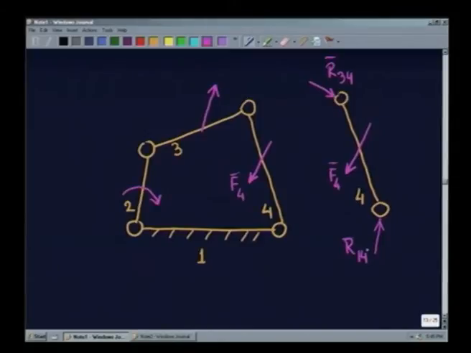Then the combined action of this reaction force and the externally applied force is to keep the system under static equilibrium. Similarly, this particular link, which we call the coupler, under the influence of this force, which we call F3, and the reaction forces like this, will remain under static equilibrium.